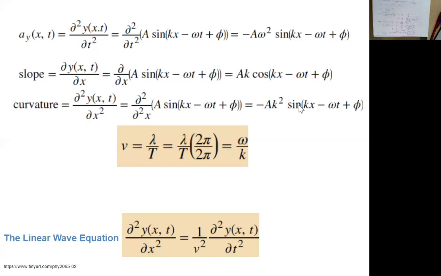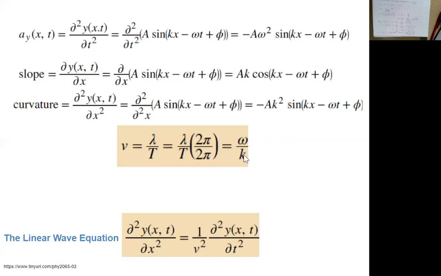And now when we do the double derivative of the wave function with respect to t, this is what we get. If you compare this and this, you'll see the same minus A and sine functions. But there's a difference here. This is omega squared, this is k squared. Now if you remember, one of the equations we mentioned earlier is that velocity is equal to omega divided by k.